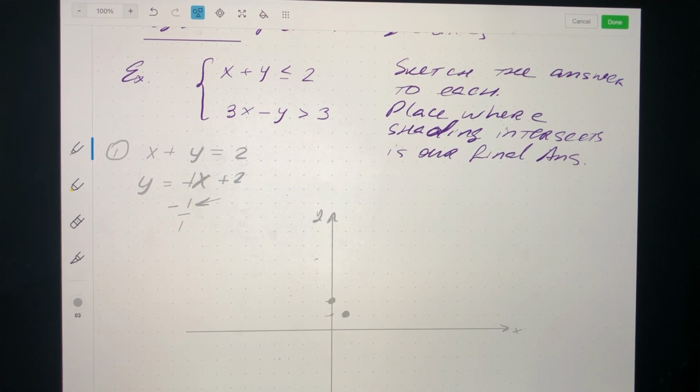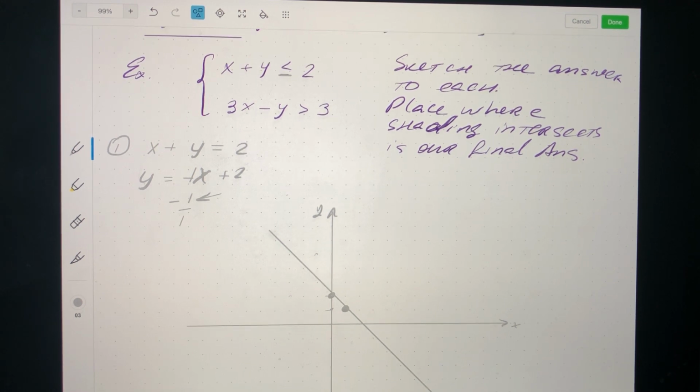And then we decide whether we connect them with a solid line or dotted line. If we have an equal sign like this in the original inequality, then we connect it with a solid line, something like this.